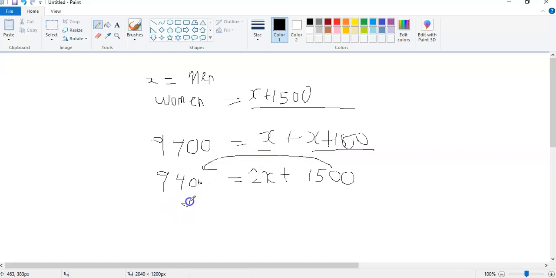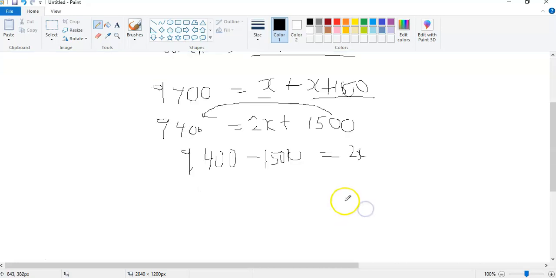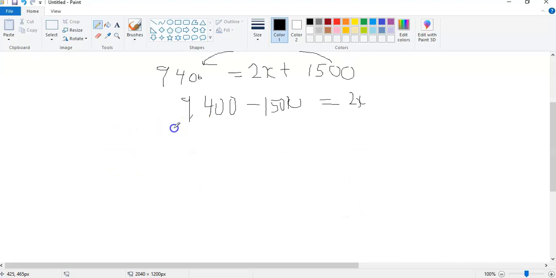We have 9,400 minus 1,500 is equal to 2x. Then you divide the result by 2, so this will cancel this. So x is going to be this one minus this, divided by 2.